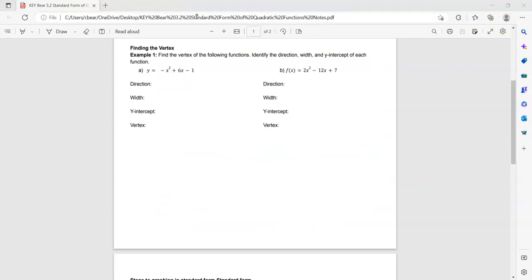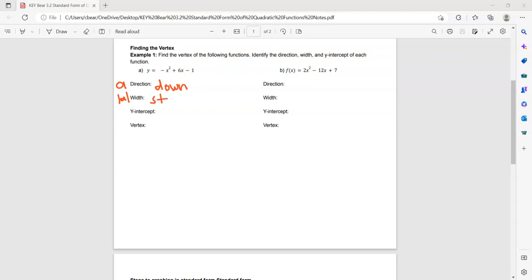So let's look at a couple examples here. On the first one, let's start with the direction. Direction, we're looking at the A value, and since our A is an understood -1, the graph is going to open down. The width, we look at the absolute value of A, which in our case is the absolute value of -1, which is just 1.